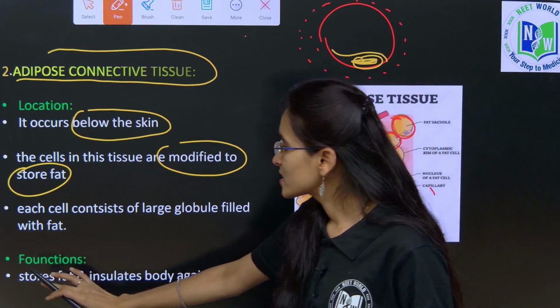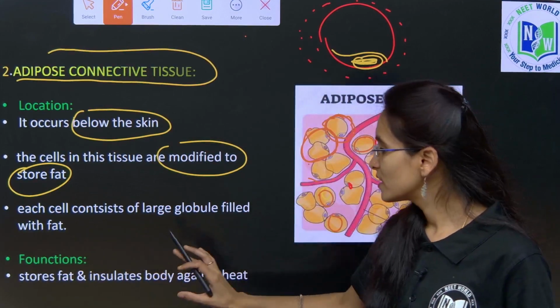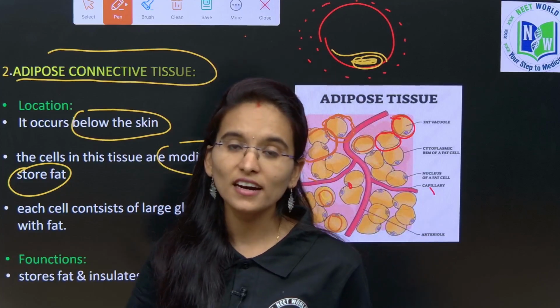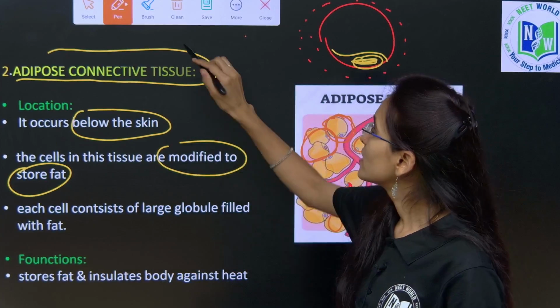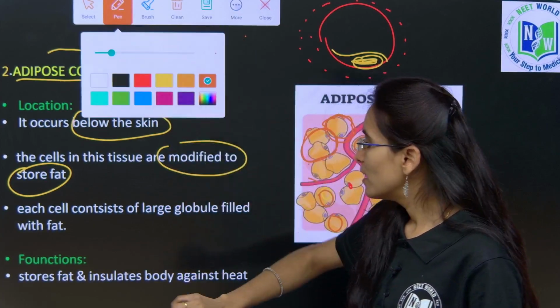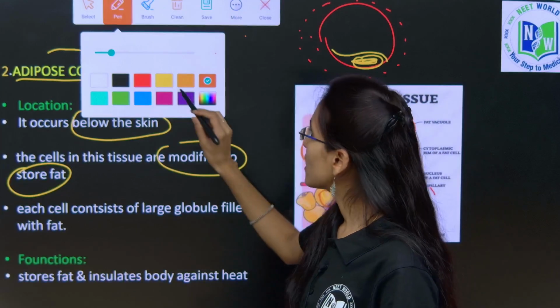Yes. And next, whenever it comes to function, these are mainly involved in storing the fat, and they are going to prevent the body from heat. Okay, these cells are going to help in insulating the body against heat.